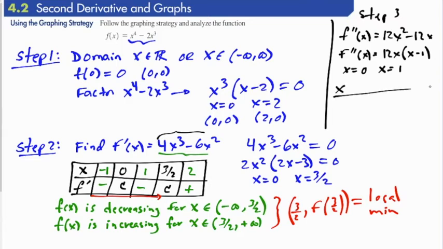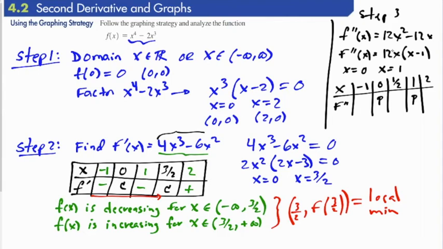And we can make a sign chart for the second derivative. 0 is one of our partition numbers. 1 is a partition number, so I need a number between 0 and 1. And remember, we don't need to calculate the exact value. We just need to determine if it will be positive or negative.